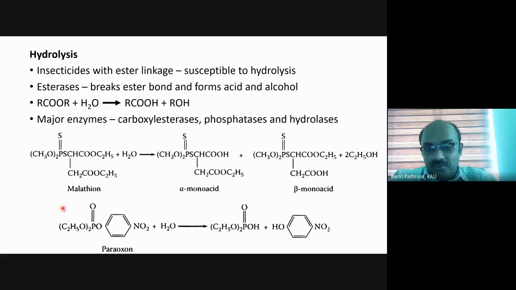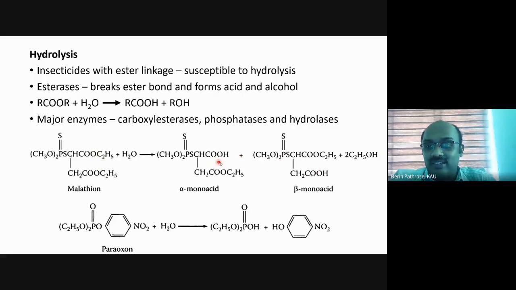See, malathion. As Bindu told, it is an OP insecticide, and it also has ester bonds. So this is COO. This is the ester bond over here. Another ester bond is also a COO. In malathion, this COO bond is broken down into an acid, alpha monoacid, plus this will be ethanol.